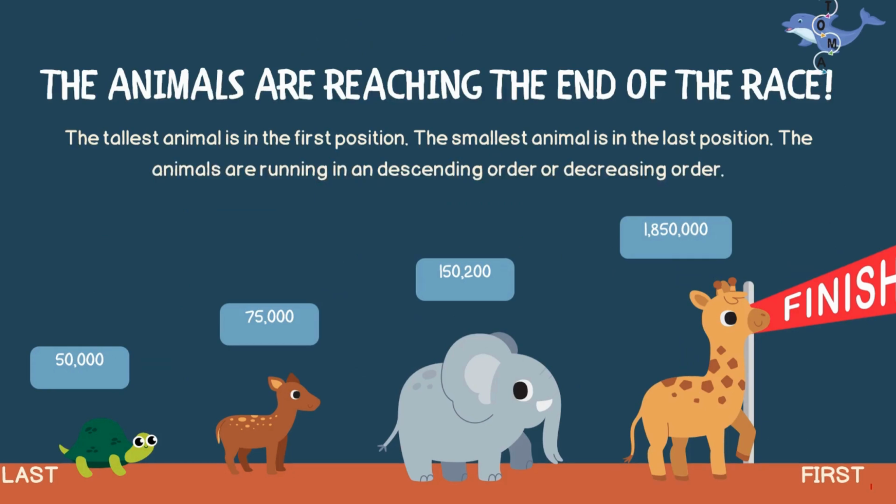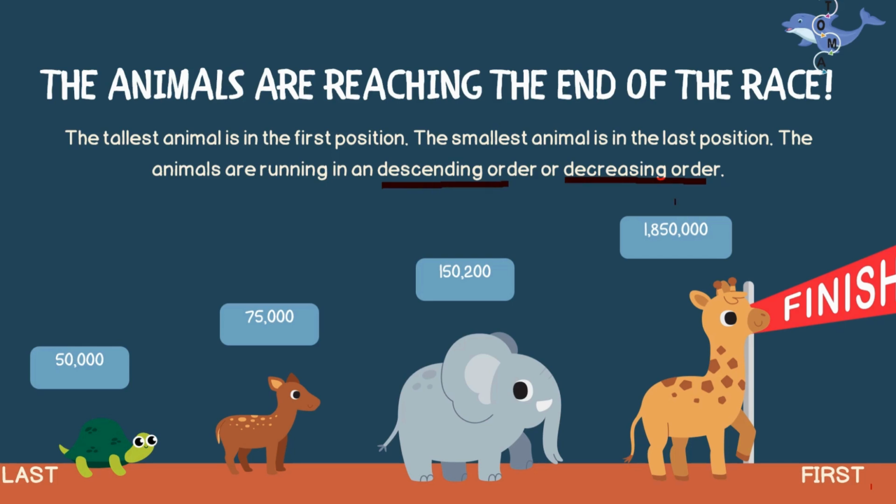The animals are reaching the end of the race. You can check that this one in the previous slide. You have checked that they were starting the position. Now they are going to finish it. So when they are going to finish it, the tallest animal is in the first position, the smallest animal is in the last position, and the animals are running in descending order, or you can say descending order means decreasing order.